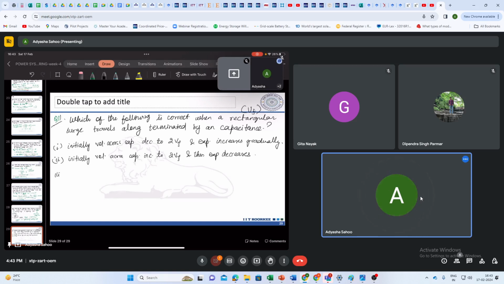Third one, initially behaves as open circuit and then at steady state it behaves as short circuit, or last one, all.